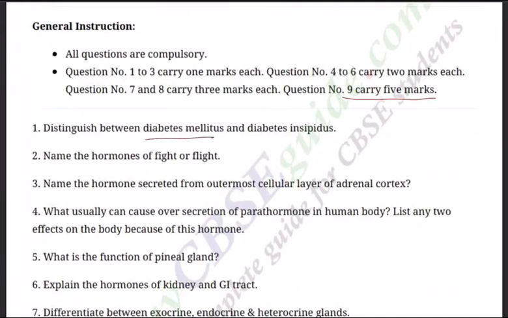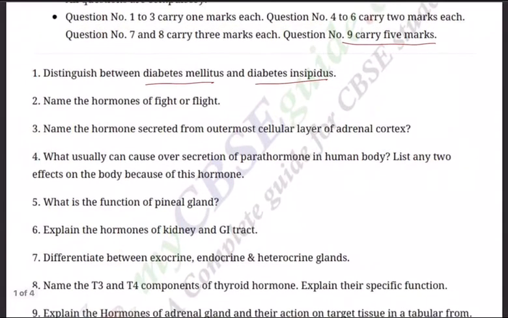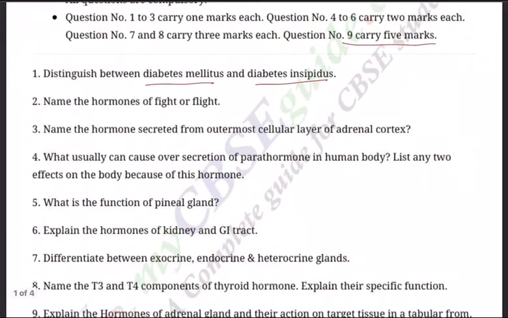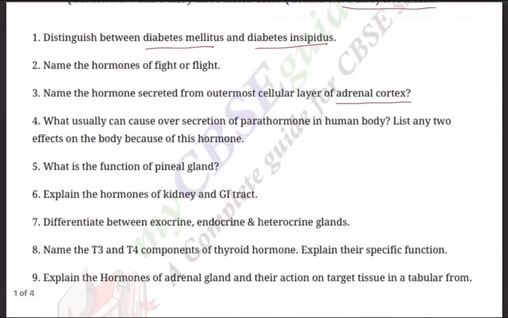Keeping that in the background, question 1: Distinguish between diabetes mellitus and diabetes insipidus. Both are diabetes, sugar disease. Question 2: Name the hormones of fight or flight. Question 3: Name the hormone secreted from the outermost cellular layer of the adrenal cortex.